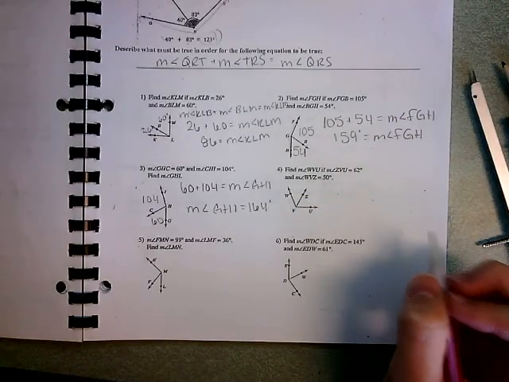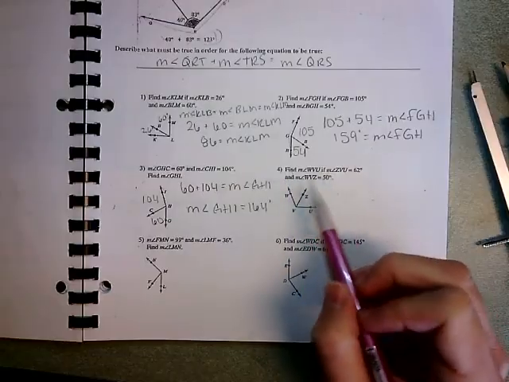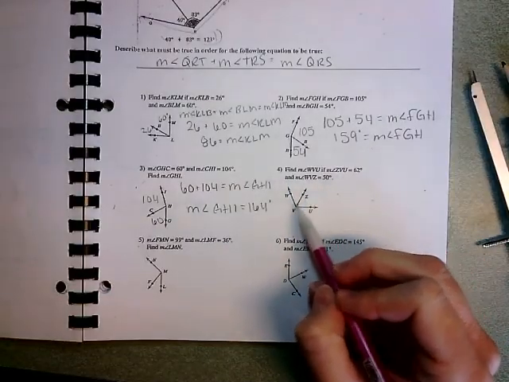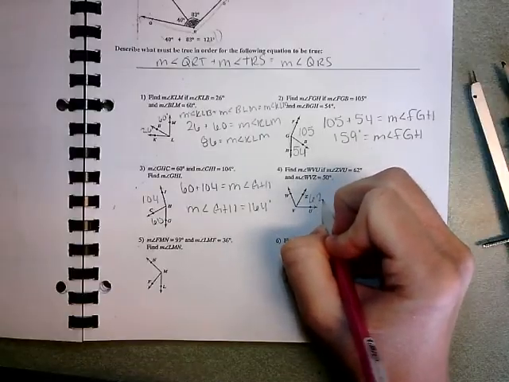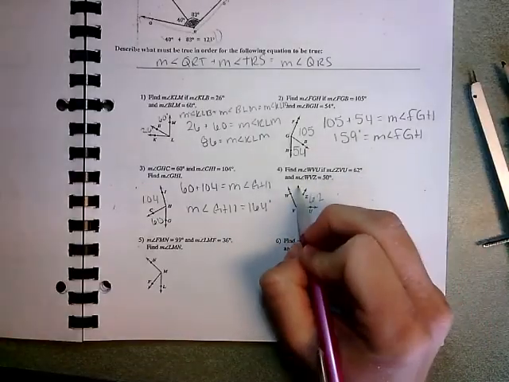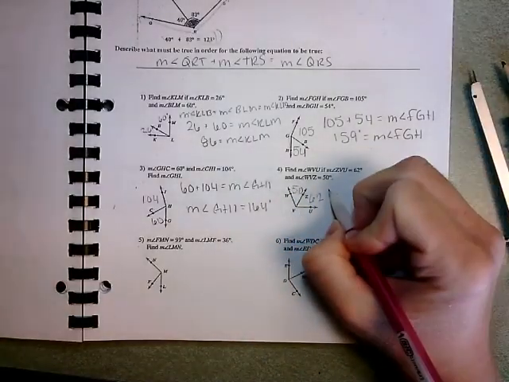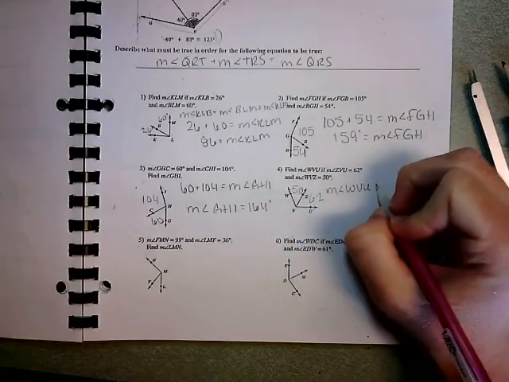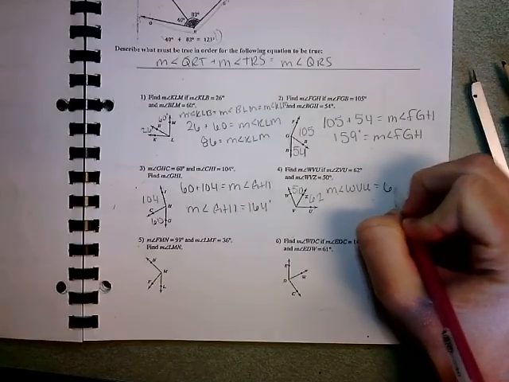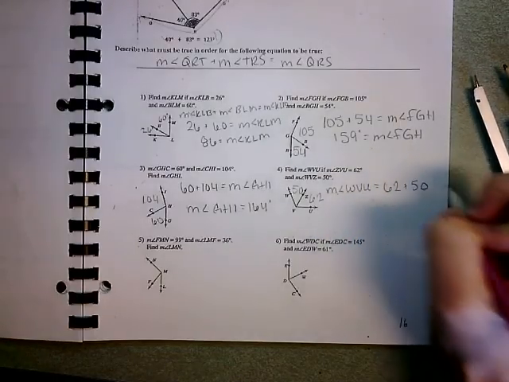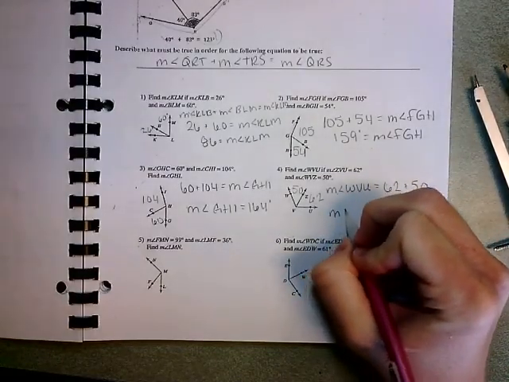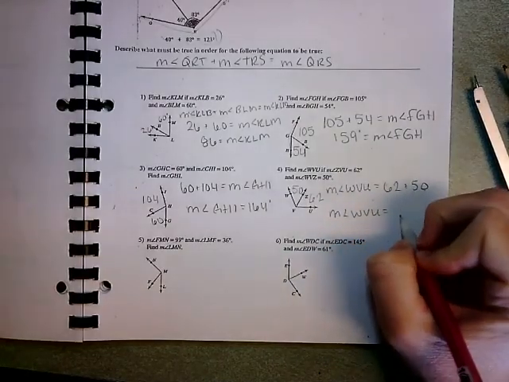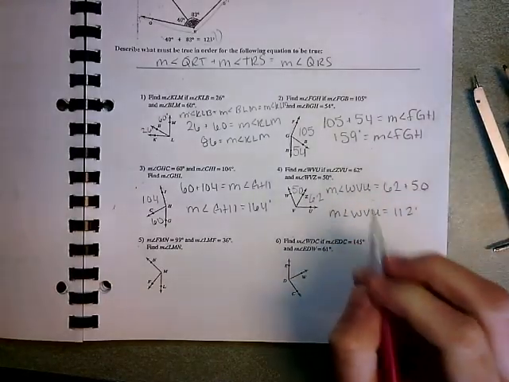All right, so let's look at 4. We want to find the measure of WVU if ZVU is 62 and WVZ is 50. So the measure of angle WVU is equal to 62 plus 50, which is 112.